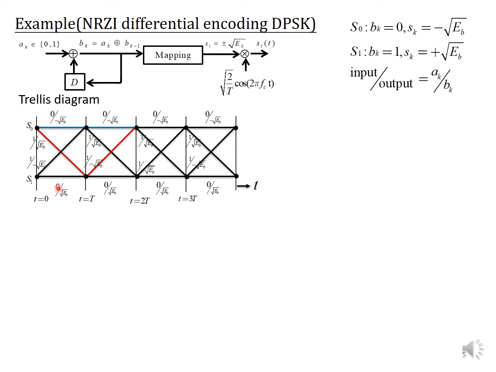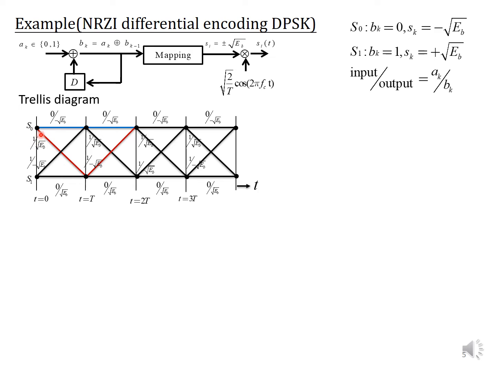The trellis diagram gives all the possible paths. At time 0, the state could be S0 or S1. In S0, where BK is 0, when there's an input of 0, the next state remains S0.